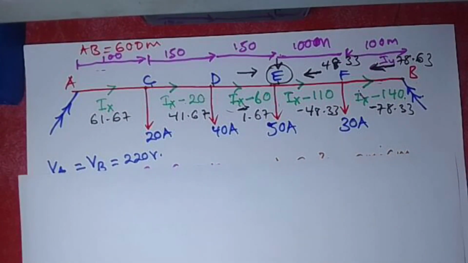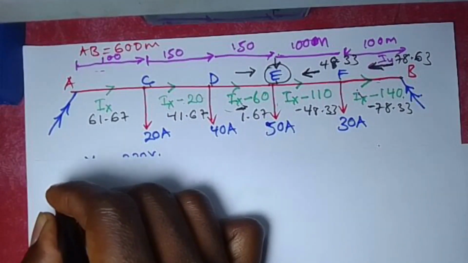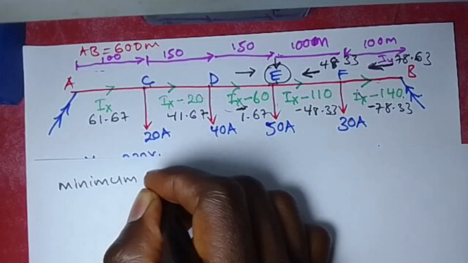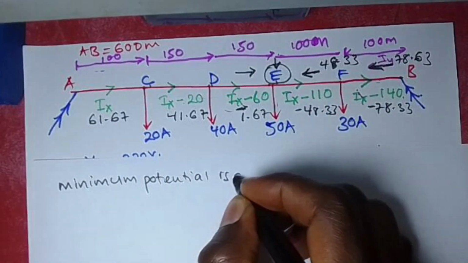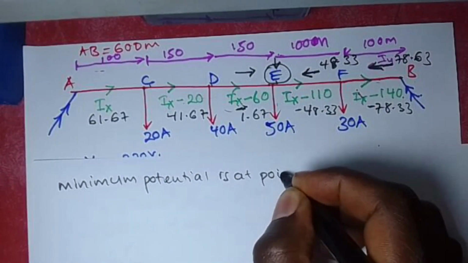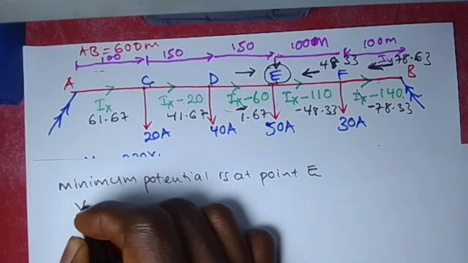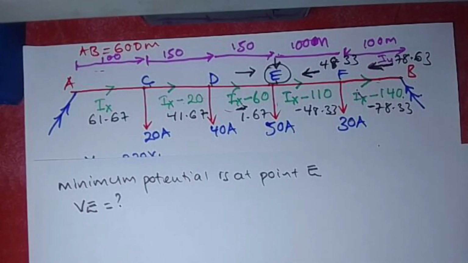So let's calculate for the minimum voltage by looking at that point. The minimum potential is at point E. So the minimum potential is VE, which is what we want. So how do we find VE?